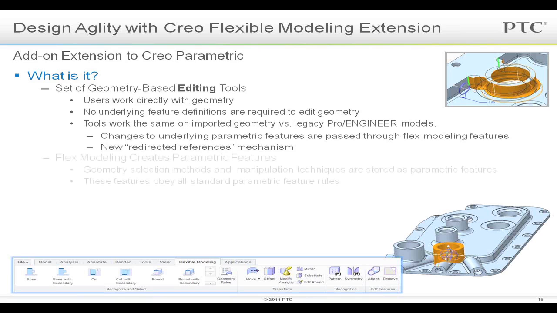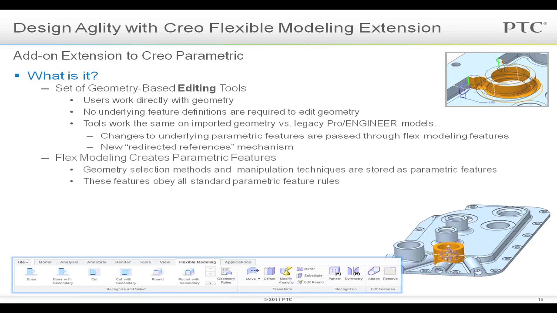It also creates parametric features. So as we'll see in my demonstration, as we start to add content into my models, we'll see features added to the tree. And as features are added, we can start to work on those.